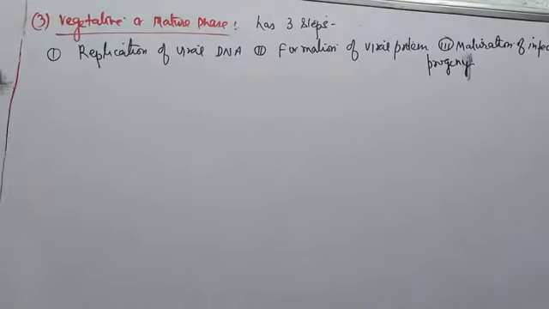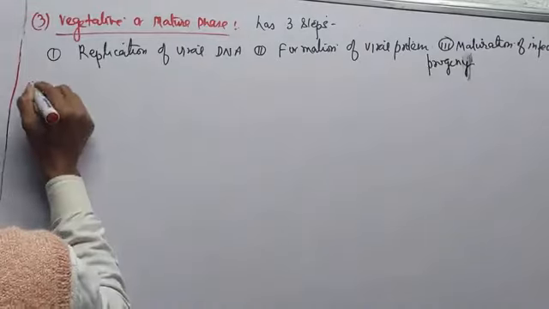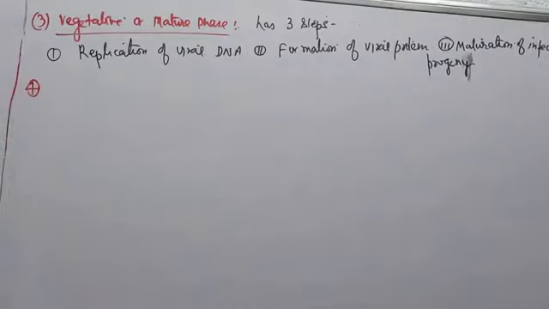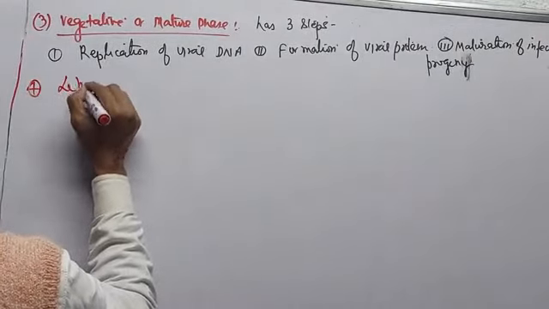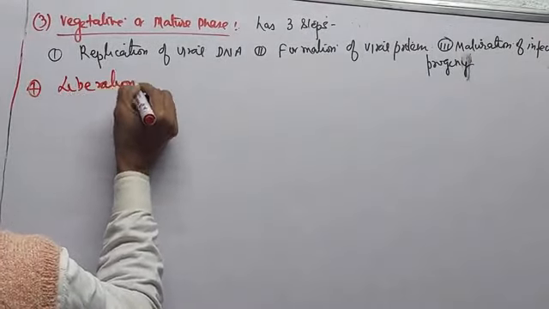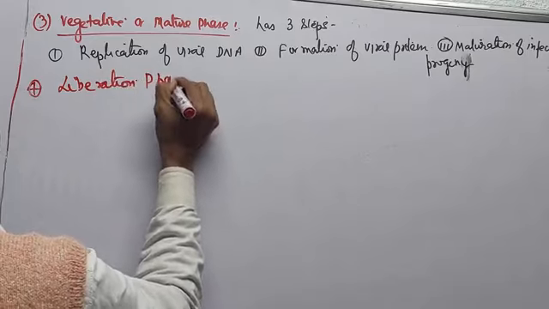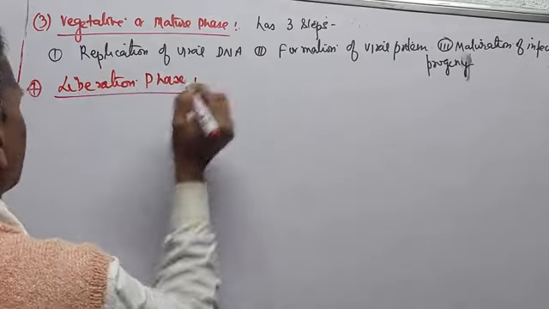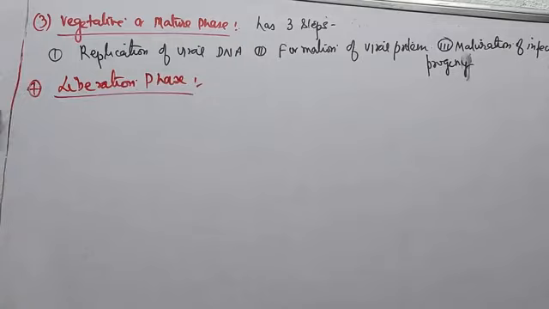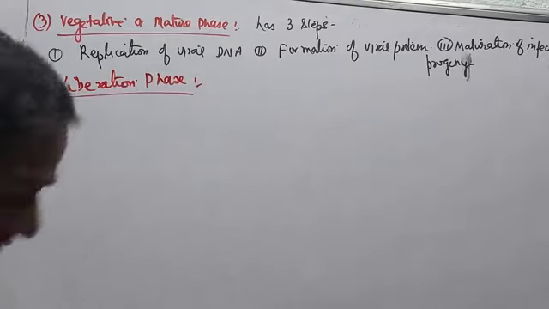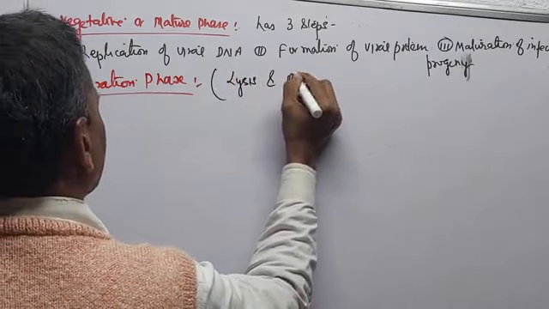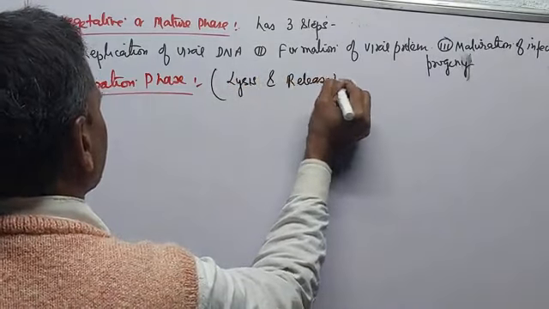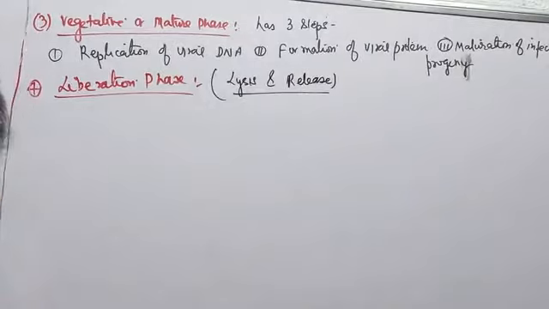The fourth phase of the lytic cycle of bacteriophage is the liberation phase, lysis and release.